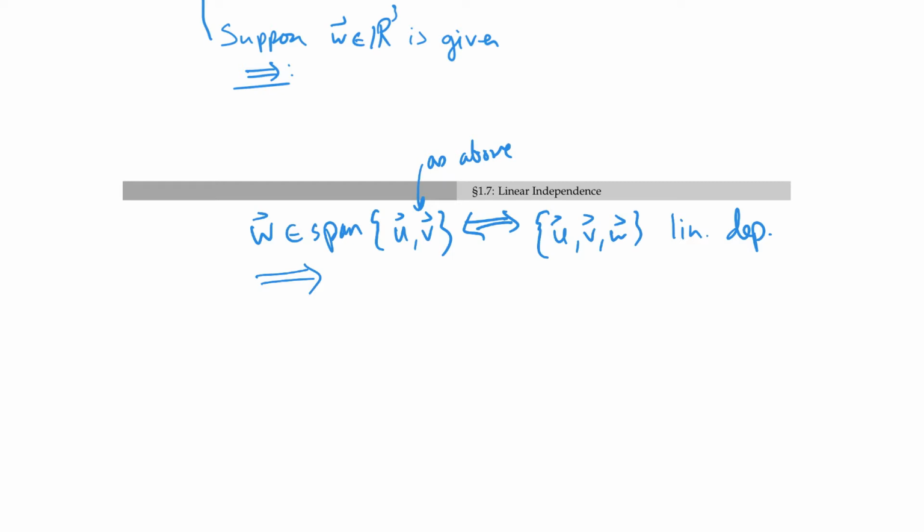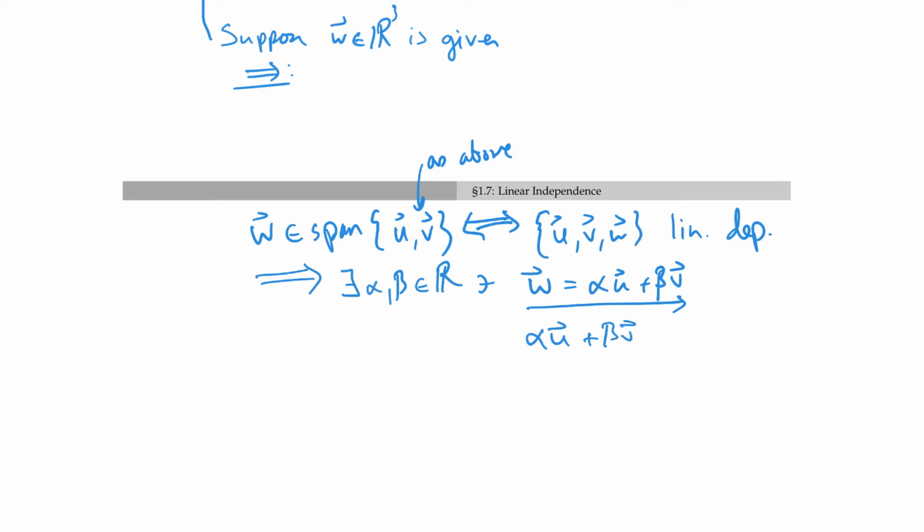So what we have is W is in the span of U and V. Well, that means there exists alpha and beta in R such that W is alpha U plus beta V. Well, I can solve this for 0, namely alpha U plus beta V minus W equals 0.